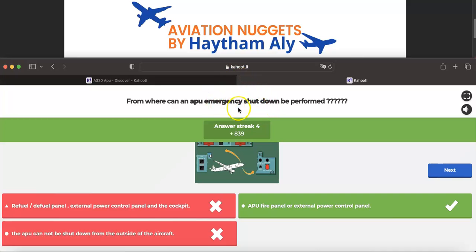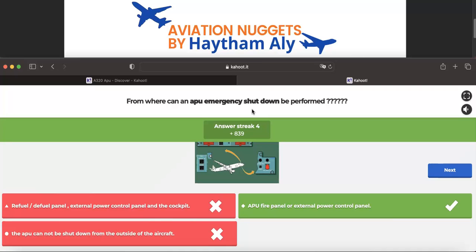An emergency shutdown is an automatic shutdown. So why is it called emergency? Because it is mainly for fire situations. If an APU fire happens on ground or in flight, the APU must be shut down immediately without any cool down cycle.